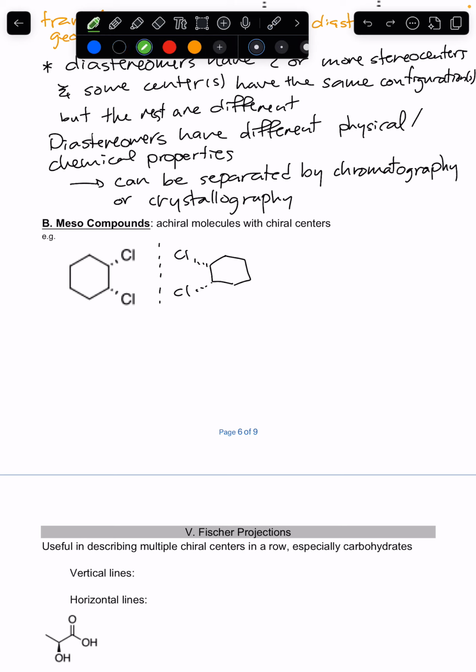Indeed, these are the chiral centers, because it has chlorine, hydrogen, and this methylene, and this carbon with a chlorine on it. So there are 4 different things attached to this carbon. So it is a chiral center, and yet it does have a plane of symmetry, which makes it not chiral.